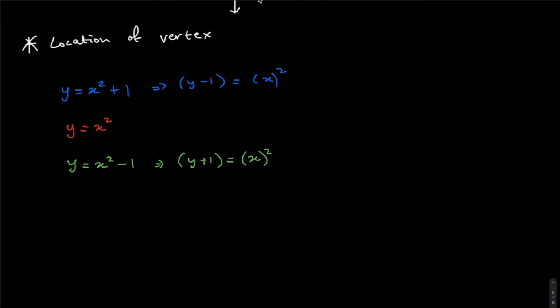If I want, I can elaborate this one more time, and I can write this as y plus 1 is equal to 1 times x minus 0 whole square. Similarly, I can make the same transition here as well. I can write y minus 1 is equal to 1 times x minus 0 whole square.